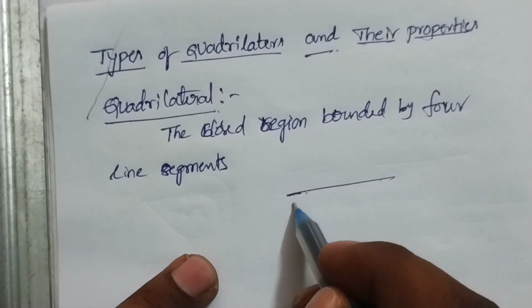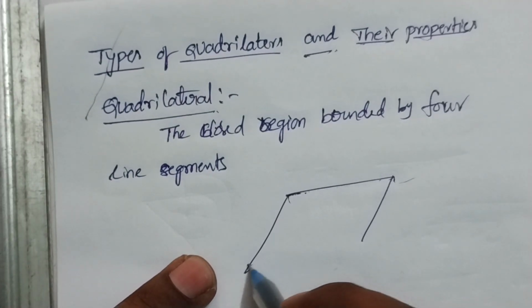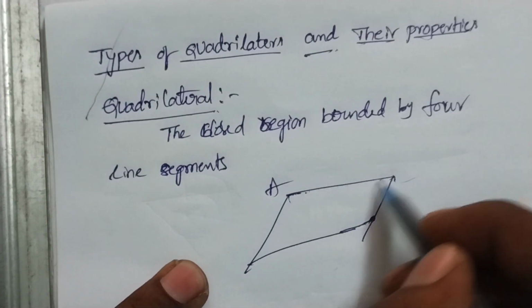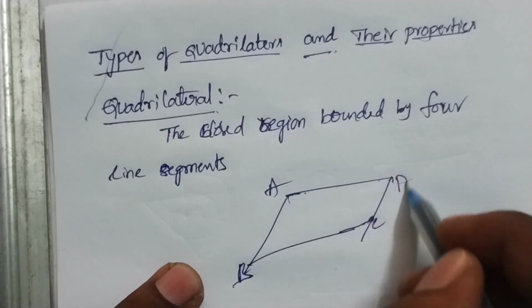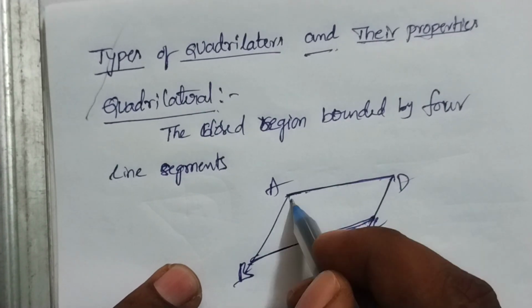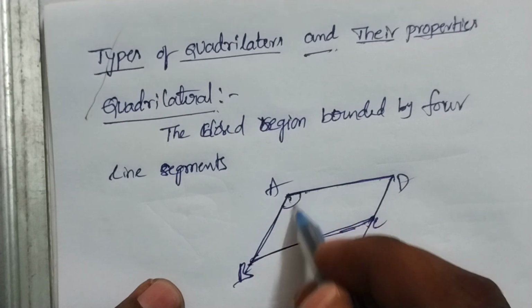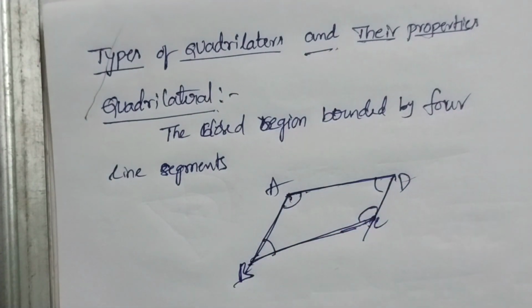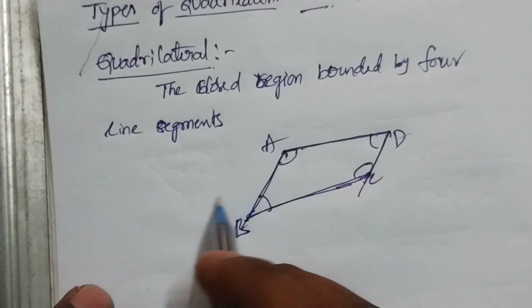So, for example, ABCD is a quadrilateral. It consists of four line segments and four angles. So simply, we can say this is a quadrilateral.